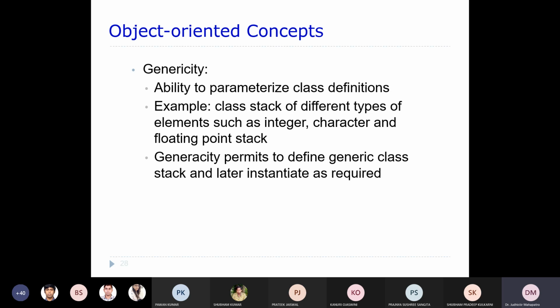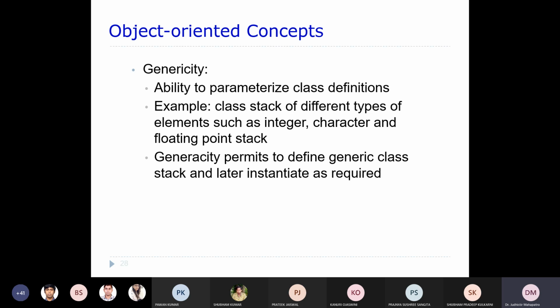Today that stack may hold integers. Tomorrow the same stack can be used to hold a set of characters. The day after tomorrow it may take floating point numbers as the elements of that stack, right?